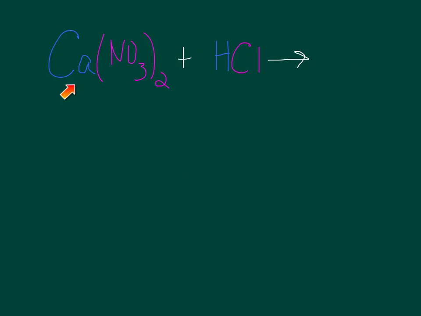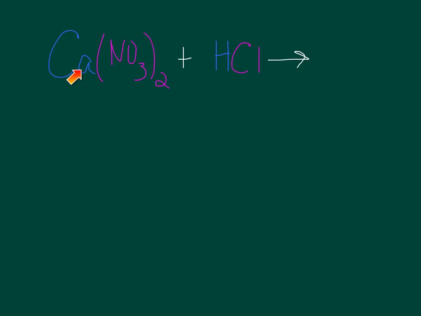So to begin, we have calcium, which is your cation, with nitrate, which is your anion, and you have hydrogen as a cation and chloride as an anion. What you're going to see is these two are going to switch places. So it's going to be boy, girl, and when we're done, it'll be boy, girl, or positive, negative, positive, negative.